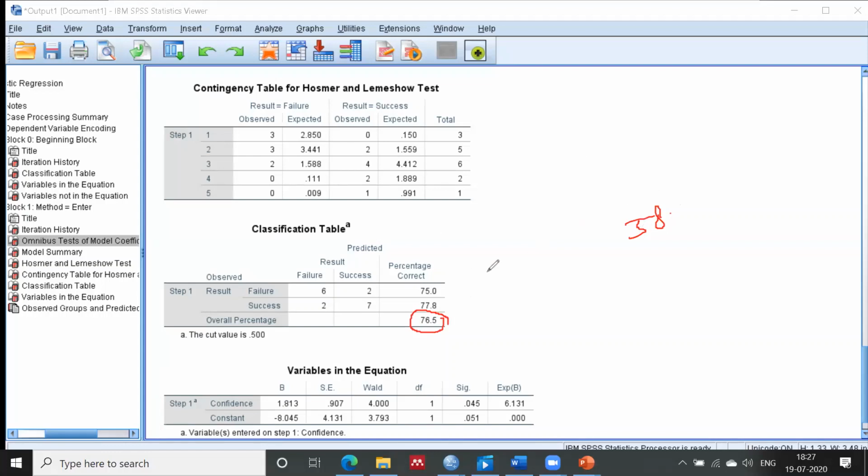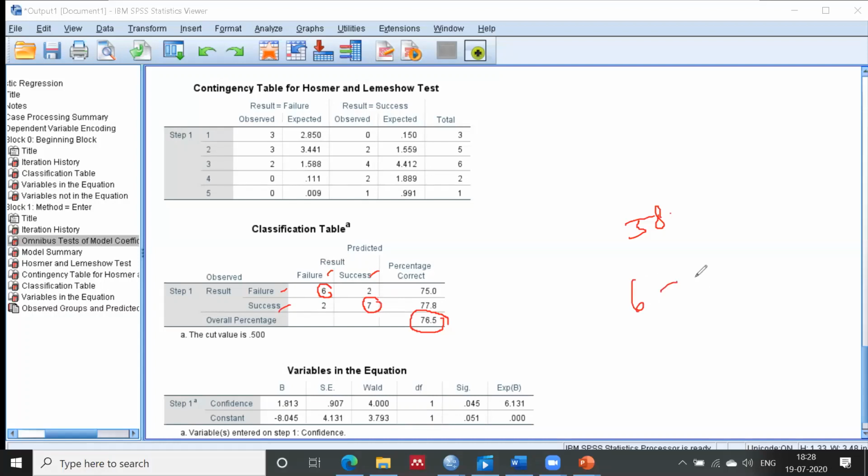So just take this table, these two columns also. In the failure, you can see the number is 6, and the success number is 7. What does it mean?